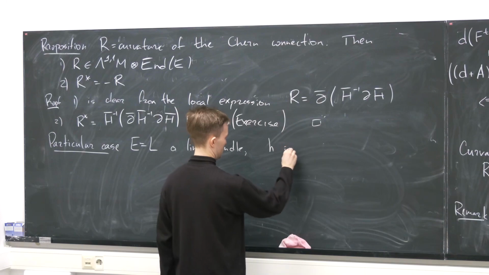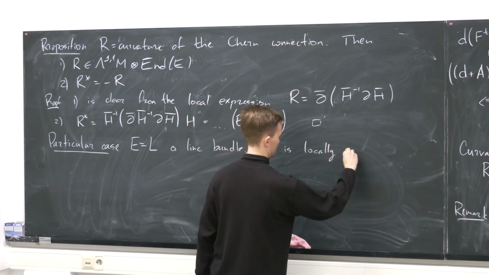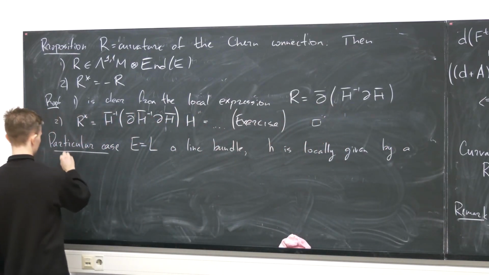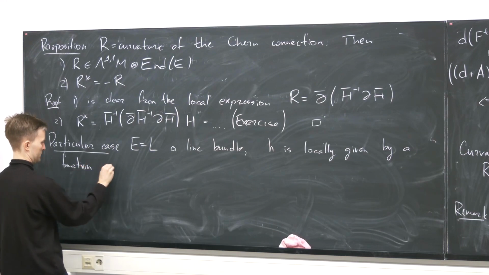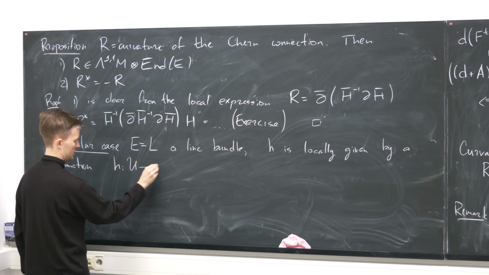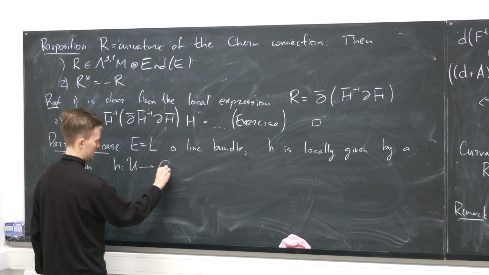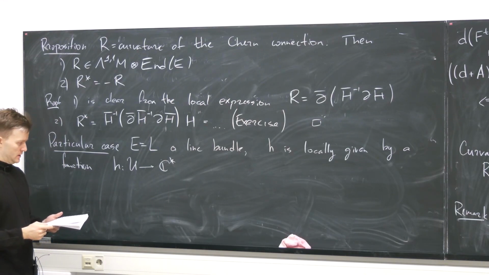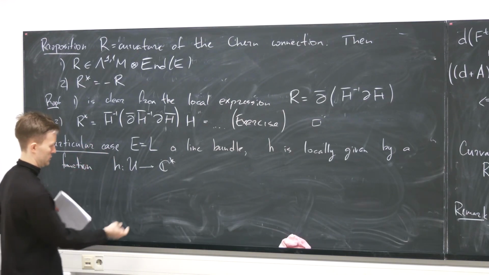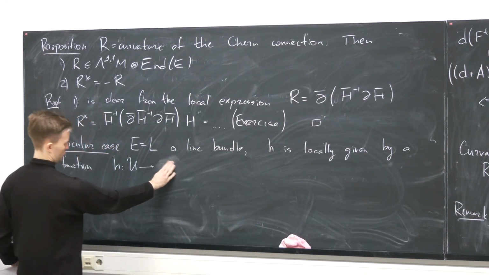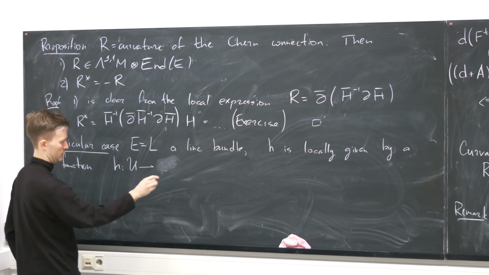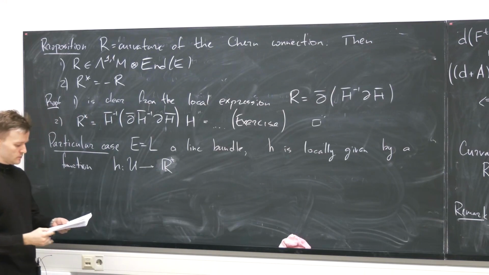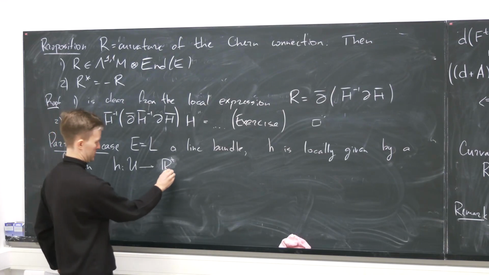So H is locally given by a function, so it's just a function from some open subset to C star, which is, well, that's usually to C star, but since it should be a Hermitian matrix, it's actually a real valued function and positive.